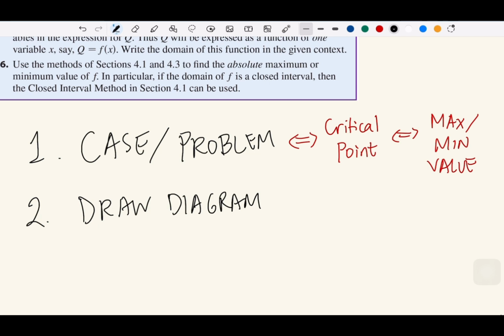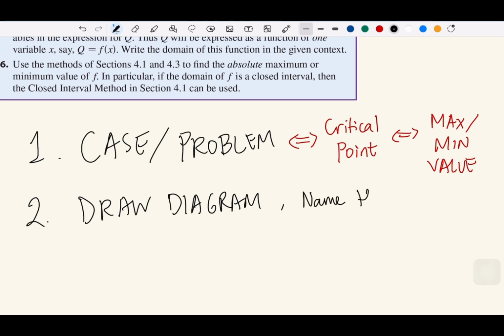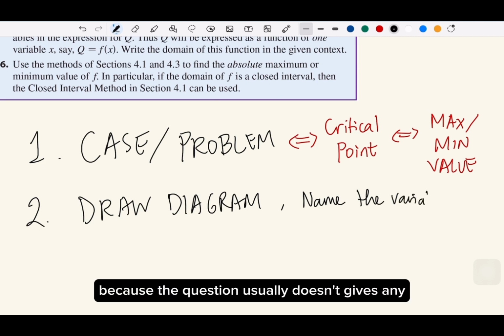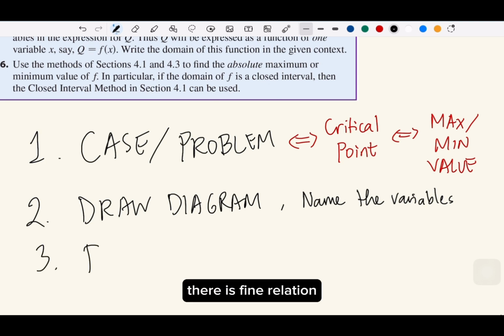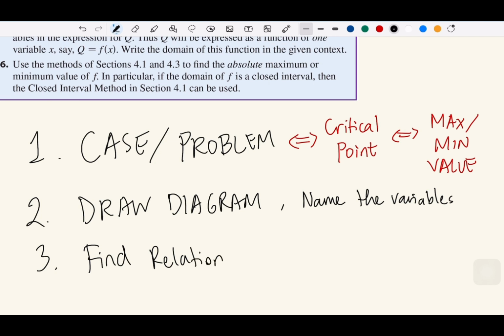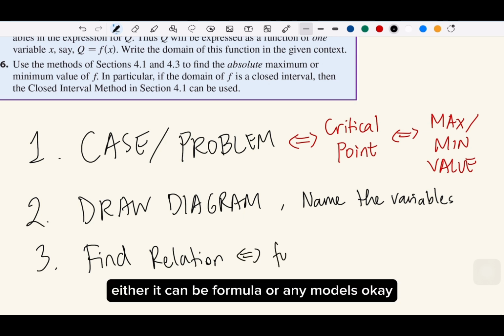And then usually you are going to name the variables, because the question usually doesn't give any variables, so you need to name them on your own: X, Y, Z, anything. Third is find relation, so find the relation between all the information given, either a formula or any models.